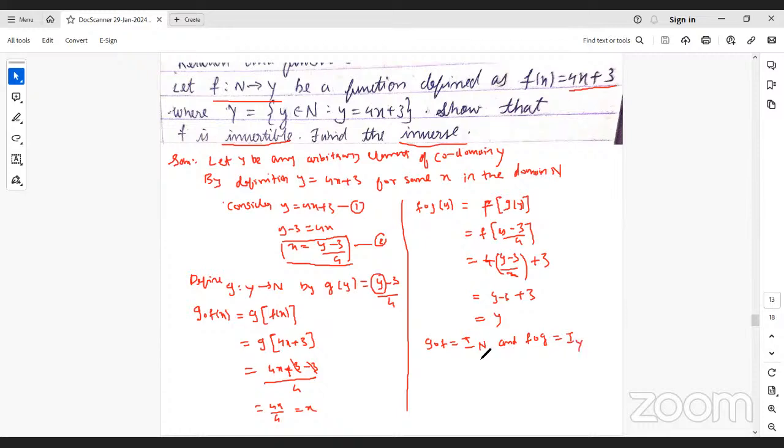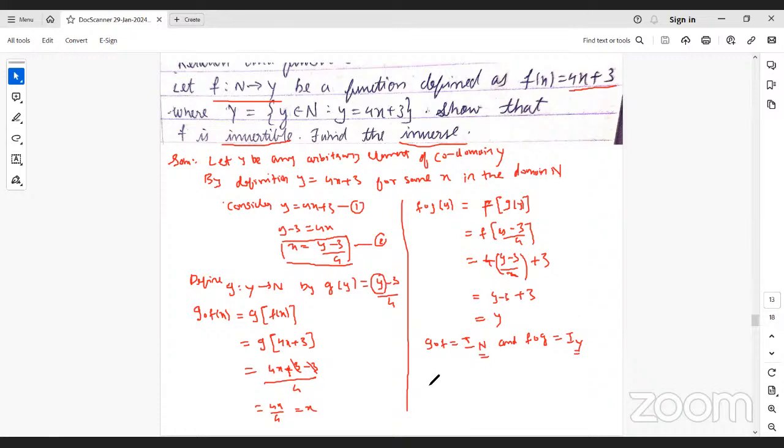This x indicates the domain, and this y indicates the codomain. So we have shown g composition f results in an element of the domain set, and f composition g is equal to I of y.